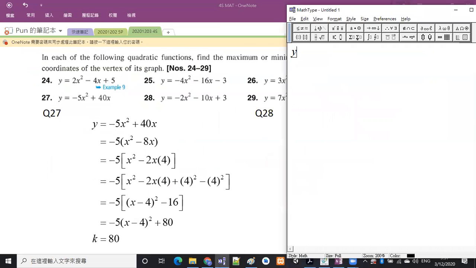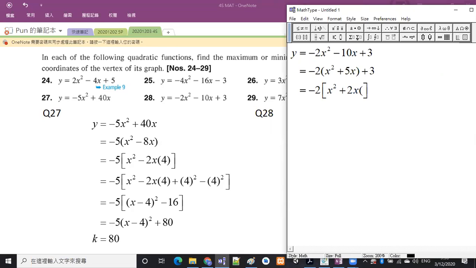So y is equal to -2x squared minus 10x plus 3. And again, we need to change and take out the a, x squared plus 5x, okay, and then plus 3. The constant term remains unchanged, okay, and then -2, and then this time I need to write the thing inside the bracket to be x squared plus 2x something, okay, but this is not an even number, but we still need to write it as 2xy.